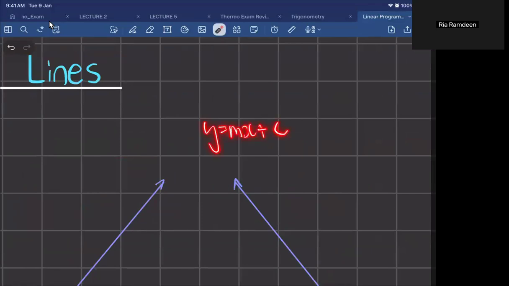Great. What's the formula for gradient by chance? Do you remember? m equals... y1... no, x1 minus x2... no. M is the change in y.